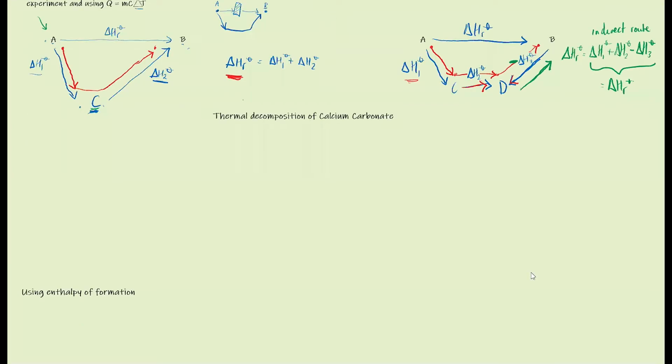So let's try and apply these principles above to a very common example that you will have come across in chemistry, and that is the thermal decomposition of calcium carbonate. So if we start off by writing the actual decomposition, we'll not always write our state symbols in, and that forms calcium oxide, solid, plus carbon dioxide.